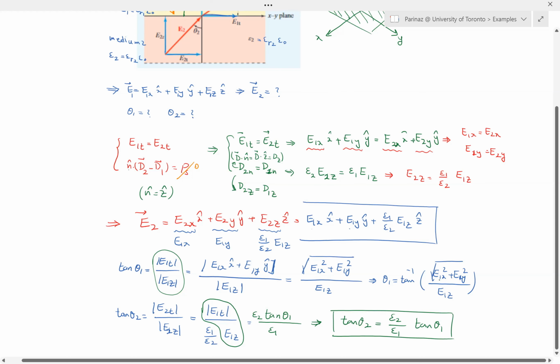Again, if you know E1x, E1y, E1z, you can calculate theta 1. If you know theta 1 and the characteristics of your mediums, epsilon 2 and epsilon 1, which would be given to you, you can find tangent of theta 2. That is how you would solve this problem.